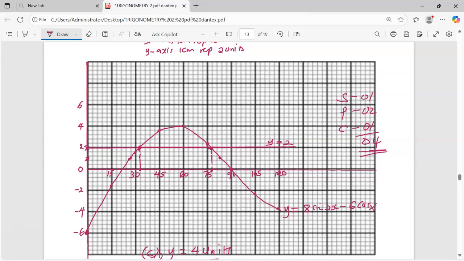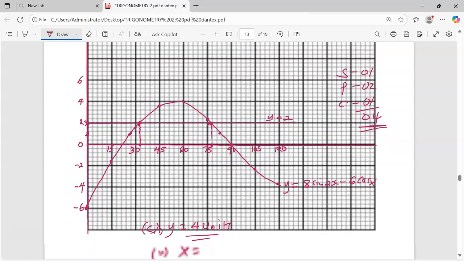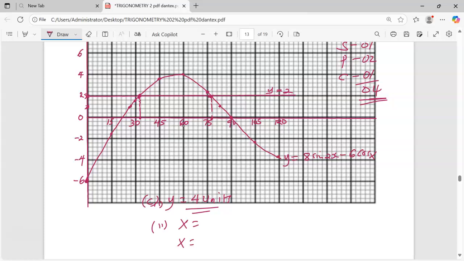So for the first value of x, we are going to have it at around 33 degrees, since we have 5 smaller boxes representing 15. So 15 divided by 5, each small box takes 3 units.